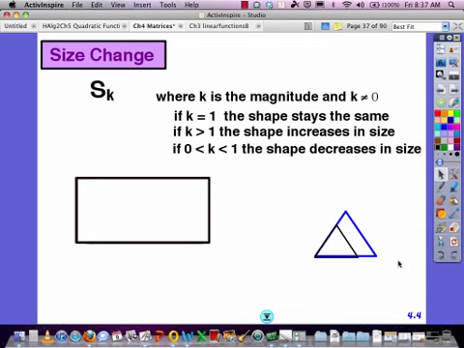So now if I would have used a size change factor less than 1 but bigger than 0, I might now have that black triangle, which looks to be maybe a half, third, a fourth, it could be anything in that range. But again, look at the two pictures. What happens to the original shape compared to the new shape? The shape doesn't change. The angles are preserved. The edge lengths are not.